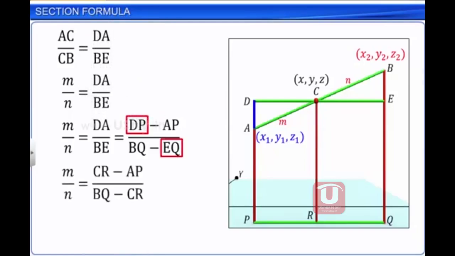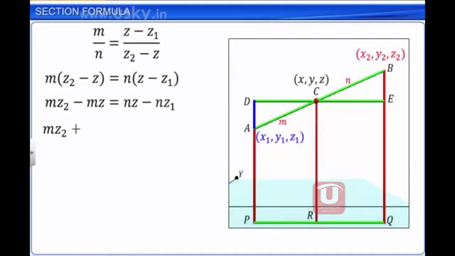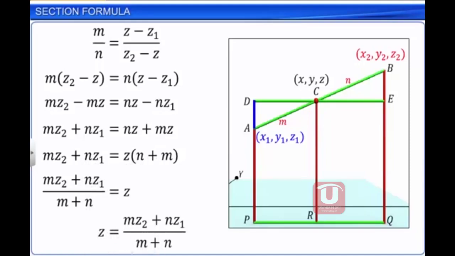Substituting the values, we get the relation as shown. Therefore, the z-coordinate of point C that divides line segment AB in the ratio m:n is as shown.